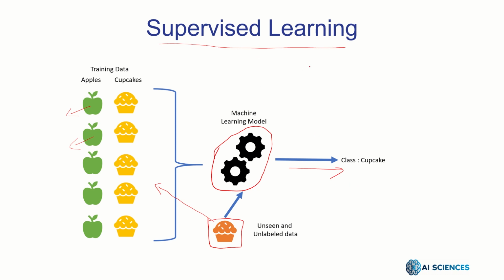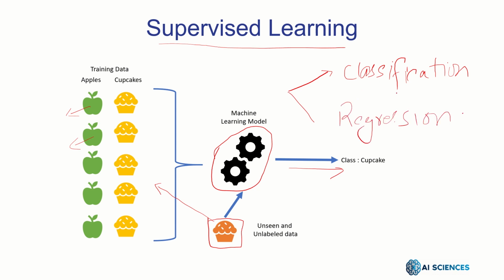Supervised learning has two kinds of basic learning models. One is called classification, and another one is called regression. In classification, the labels, or what we want to predict, are actually class categories.